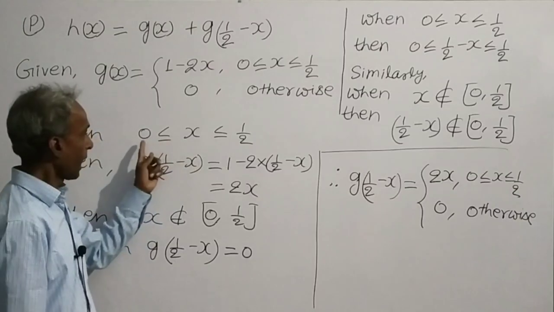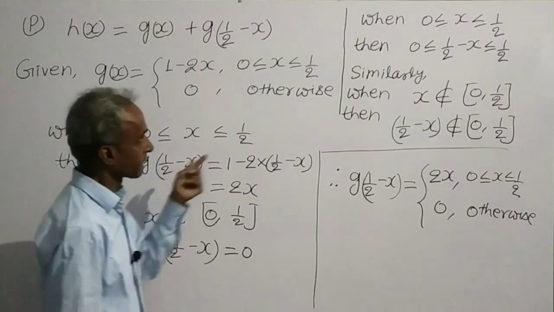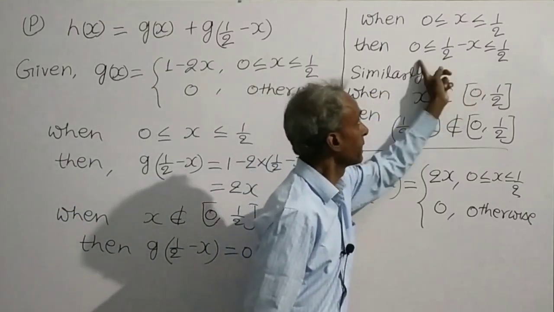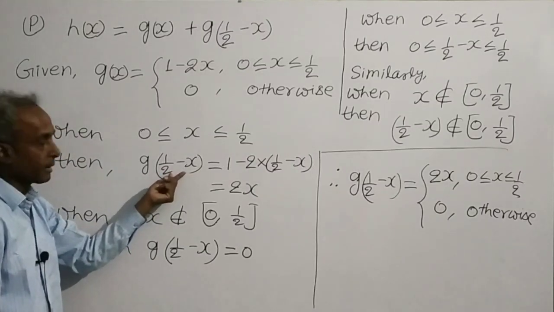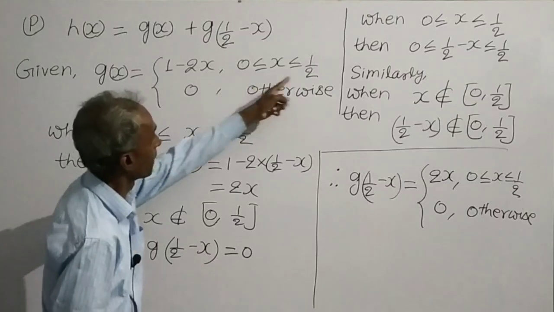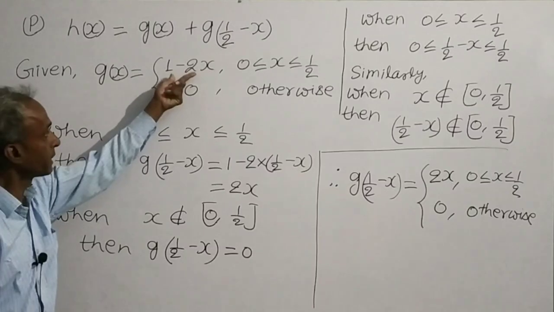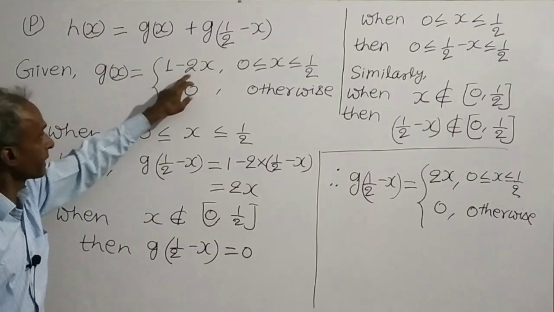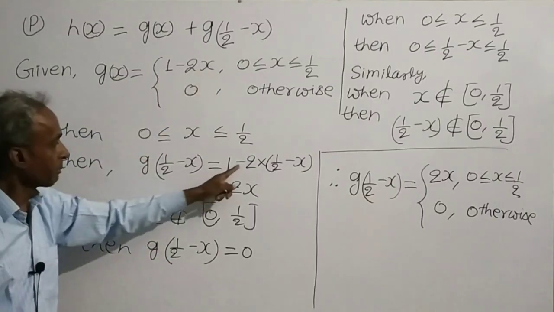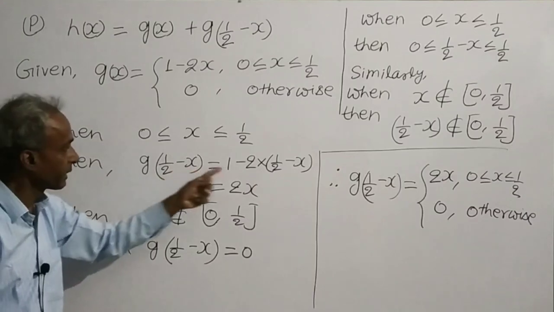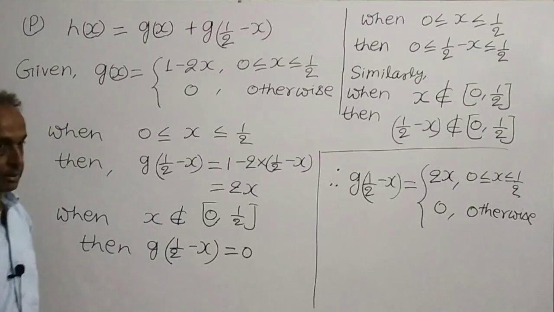When x lies in this interval, then this 1 by 2 minus x also lies in this interval, and the number written here lies in this interval, then the function will be written according to this rule. 1 minus 2 times the number written here, this will become 2x.